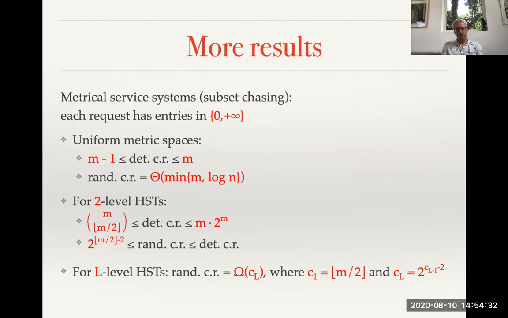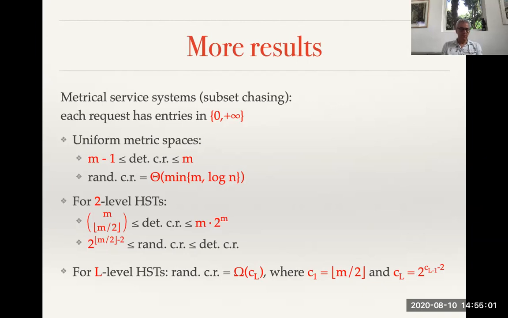A similar phenomenon happens for 2-level HSTs. The competitive ratio depends only on m for sufficiently small m, but the dependence now is exponential in m rather than linear in m. And this is true both for deterministic and randomized competitive ratio.